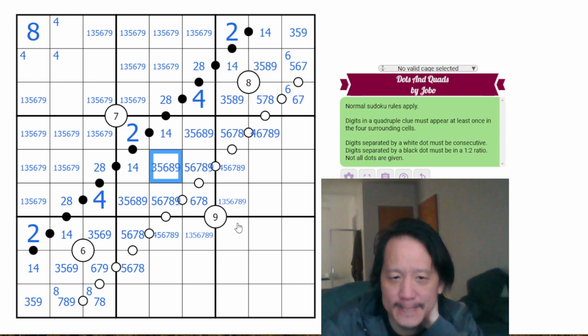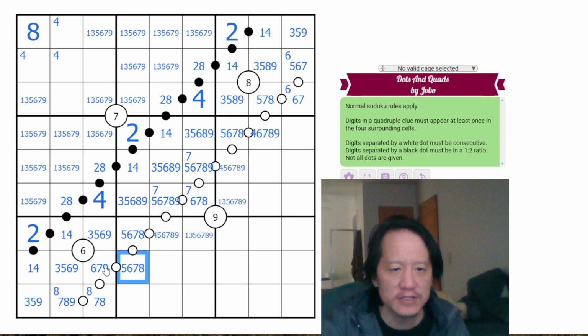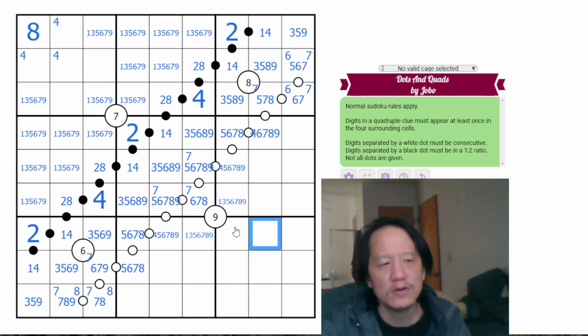Let's see. Again, the 7 has to be here. Okay, actually, maybe that's a way forwards. 7 has to be here. 7 has to be here. And 7 has to be here. We know 6 and 8 have to be there.